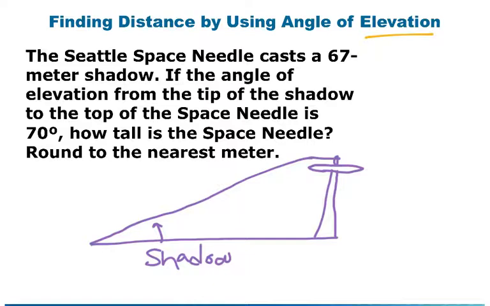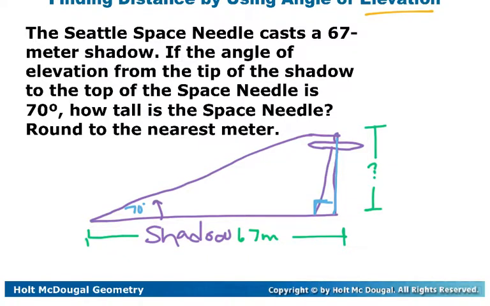It makes a 90-degree triangle with the ground there. And it's telling us that this degree measure is 70. We also know that that shadow is 67 meters. And so we need to know how tall is the Space Needle. So we're looking for this value.